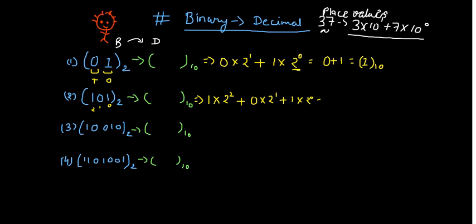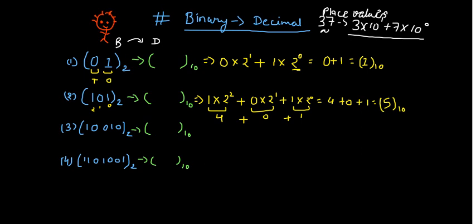Now on solving you get 4 plus 0 plus 1. Remember 2 to the power 0 is 1, this will be 0, and 2 to the power 2 is 4. 4 multiply 1 is 4. So we get 4 plus 0 plus 1. That means our answer is, yes, you are right, it's 5. So we have solved the second one too.